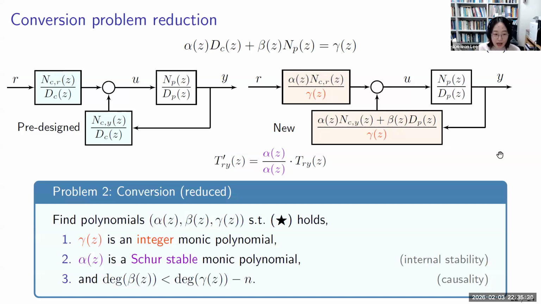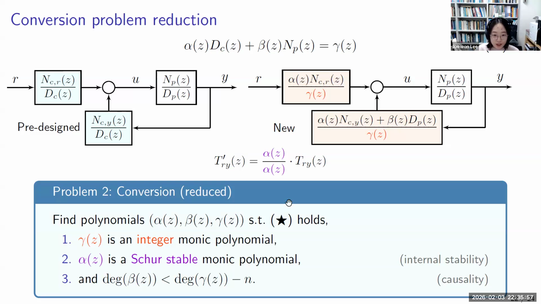So our previous conversion problem can be reformulated with these polynomials alpha, beta, and gamma. We want to find these three polynomials such that this upper equation holds, and gamma should be an integer monic polynomial because we want this new controller to have integer coefficients.